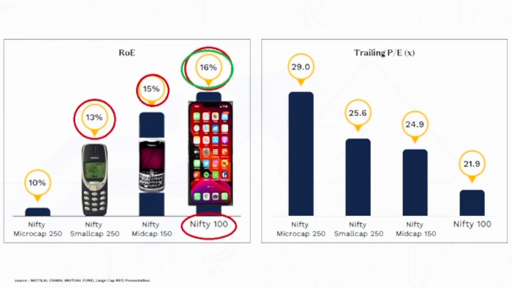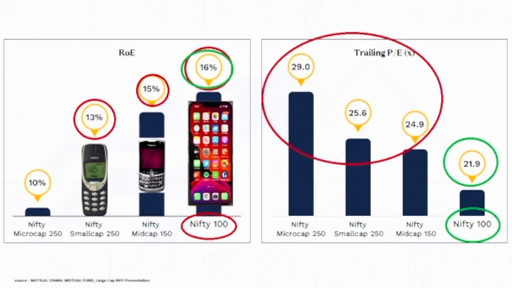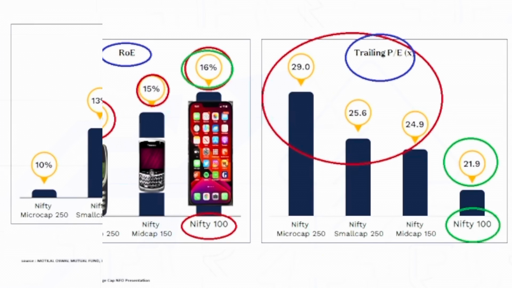Despite being top notch, our high quality iPhone or large caps come with a reasonable price tag indicated by price to earnings or PE ratio of 21.9 as opposed to the high prices of the lesser phones. In simple terms, the quality ROE reflects how awesome the phone is, and the value price to earnings PE ratio tells us if it's a good deal.